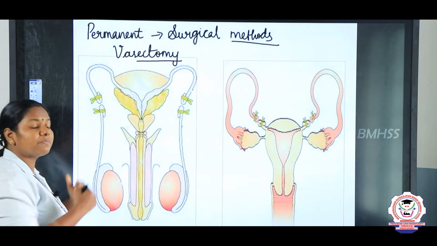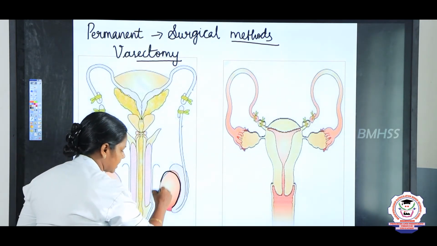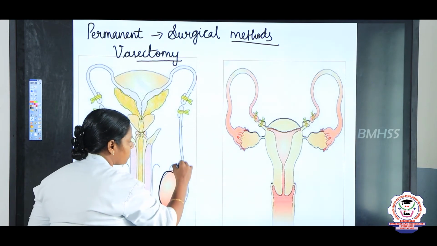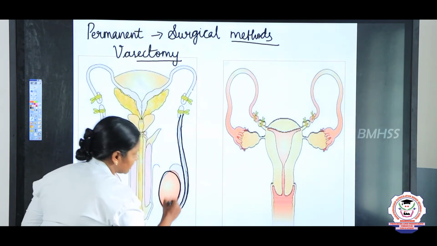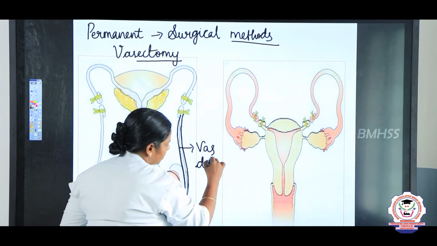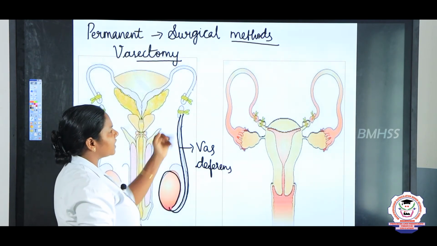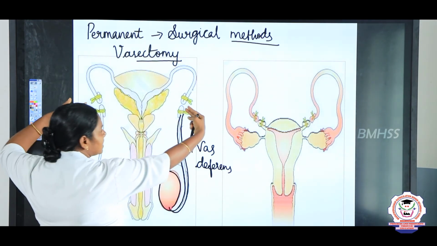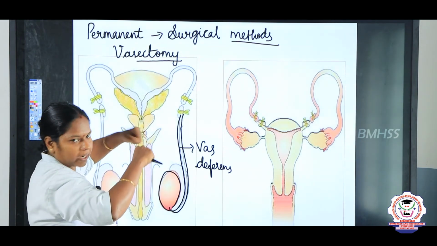We discussed the male reproductive system. The sperms are produced in the testes and carried to the urethra by a long tube called the vas deferens. In vasectomy, both the vas deferens are cut and ligations are performed, like this, right?